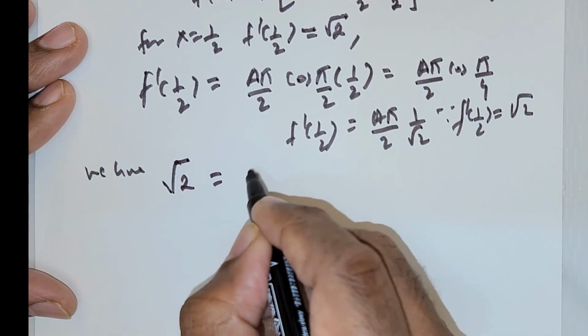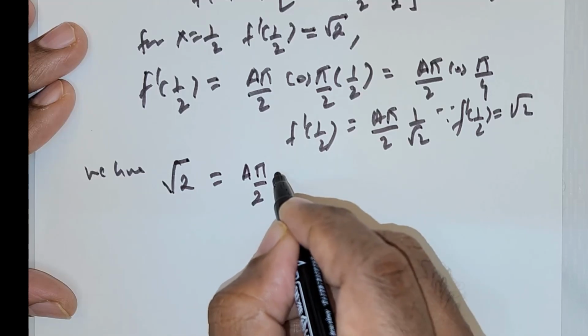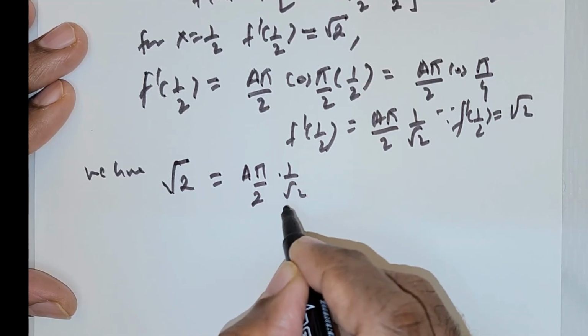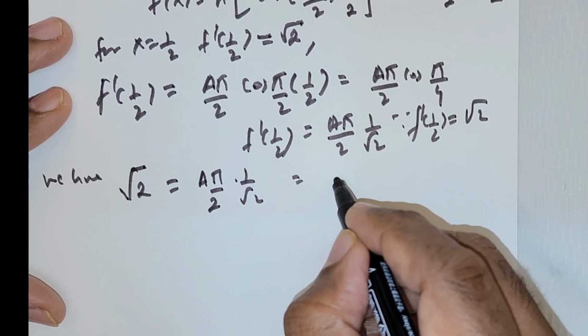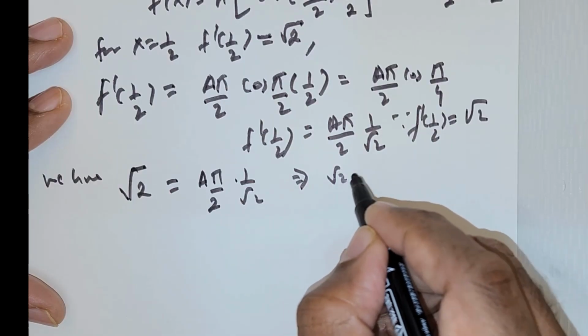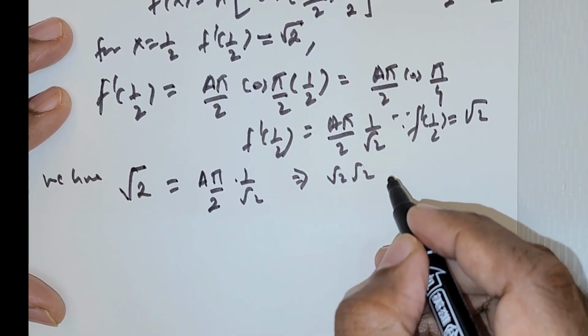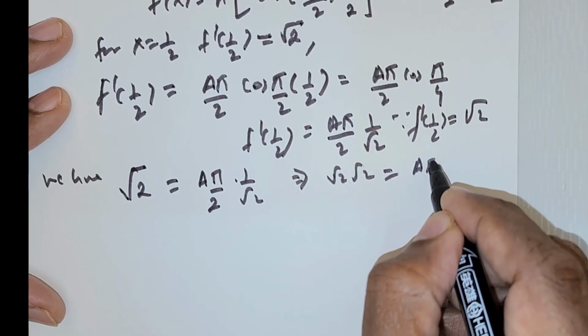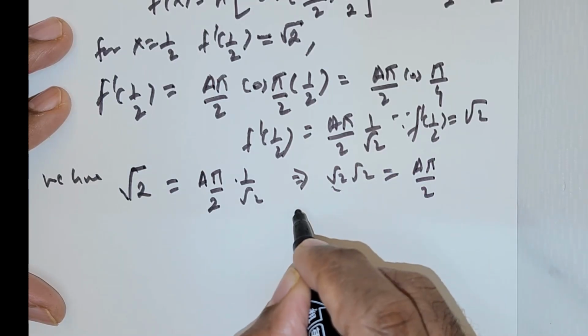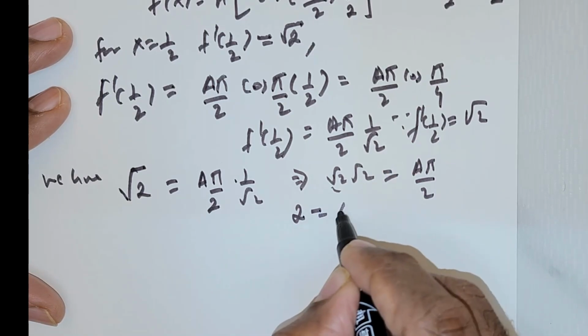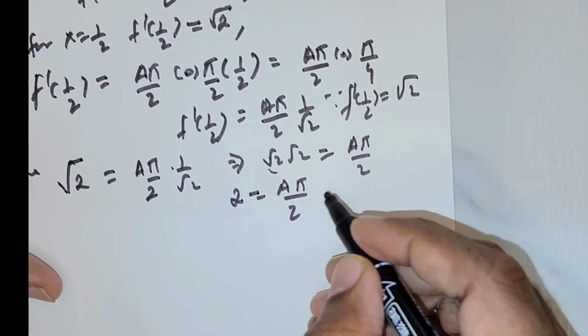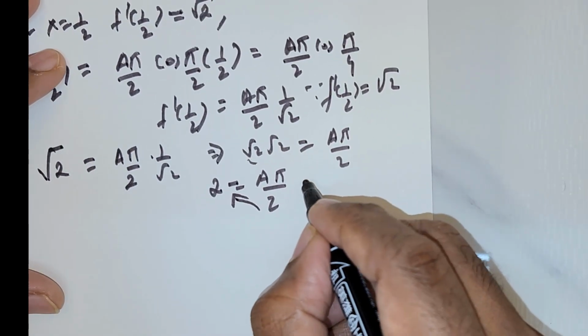So this is root of 2 is equal to a times pi over 2 times 1 over root of 2. You cross multiply with the root 2 there, so root 2 times root 2 will give me 2, and you have a times pi over 2. So you cross multiply now by 2.